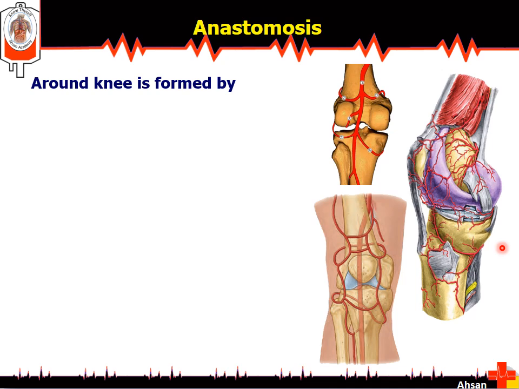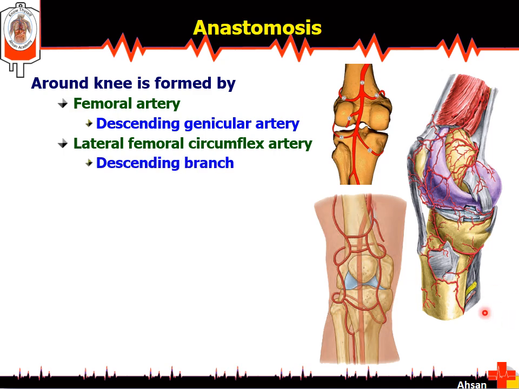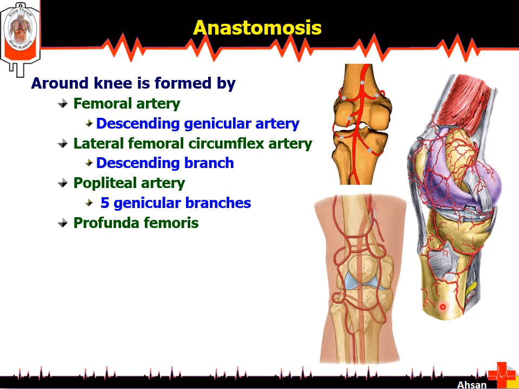So how, or between whom, does this anastomosis take place? The femoral artery descending genicular branch all through, and they take part in anastomosis. Lateral femoral circumflex artery sends a genicular branch that descends, and popliteal artery gives 5 genicular branches, means branches to the knee joint.